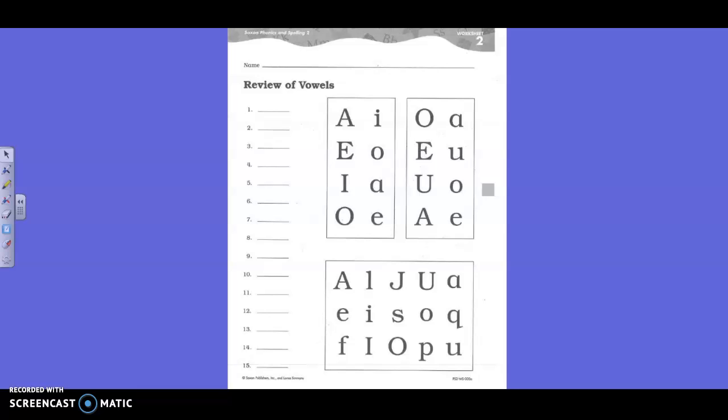Okay, hold on. Look at the letters in the boxes on the top of worksheet 2. Match the capital vowels with the lowercase vowels in each box by drawing lines to connect them. In this box, you need to put a line from capital A to lowercase a.